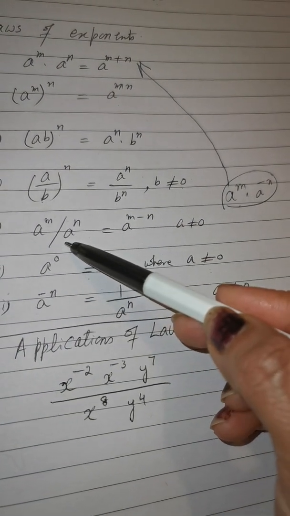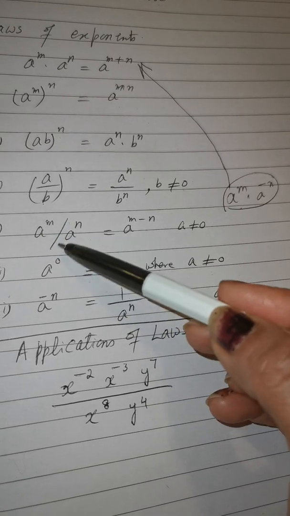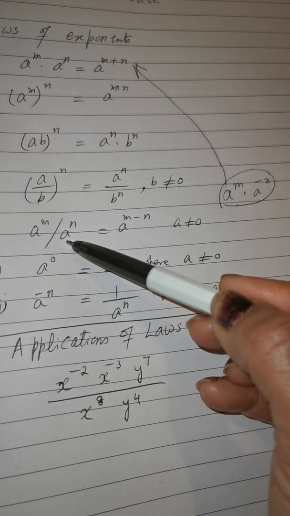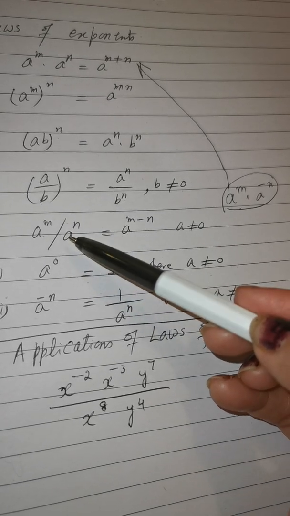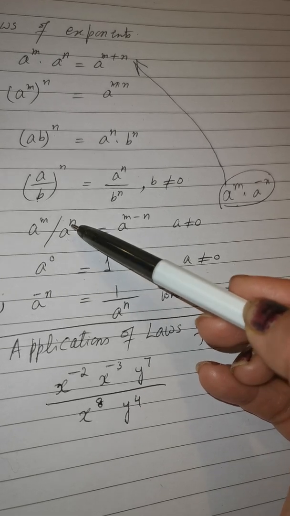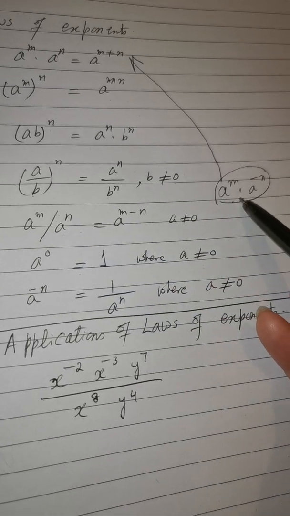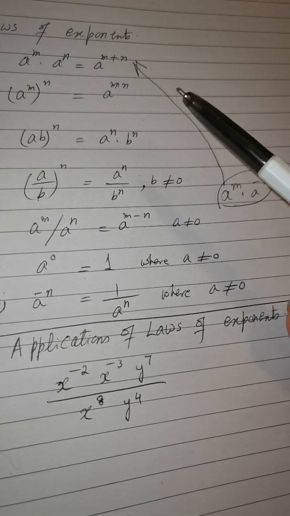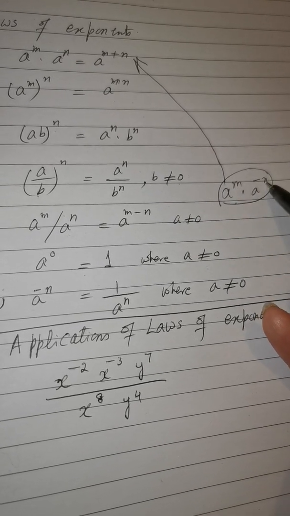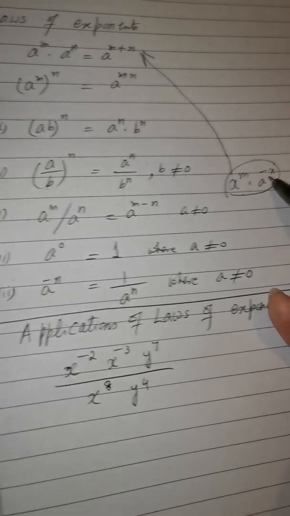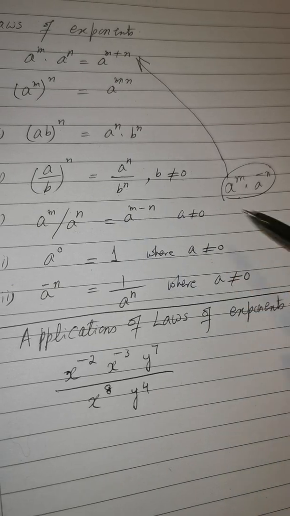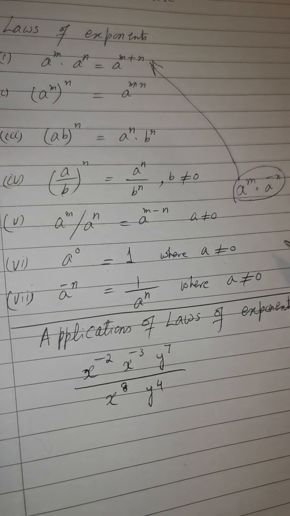So this will apply here. A power m divided by a power n. If I want to make the denominator the numerator, then the power will change its sign. A power n will become a power minus n, and then the first law of exponents applies. If bases are equal, you can add their powers, and the addition will give you m minus n, and a should not be equal to 0 as it is divided by, right?